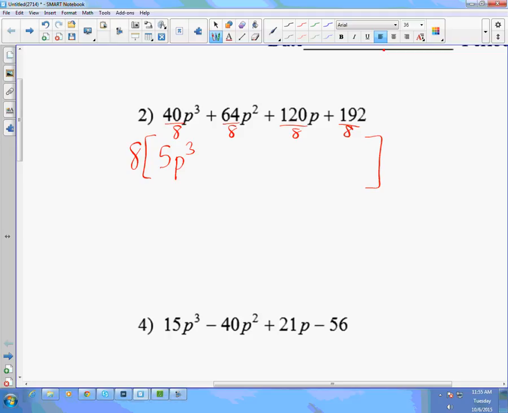Roberto, about this term, can you simplify the second term? You don't need a calculator. It's 64 divided by 8. 8 times 7 is 56, so we go higher. 8. 8.